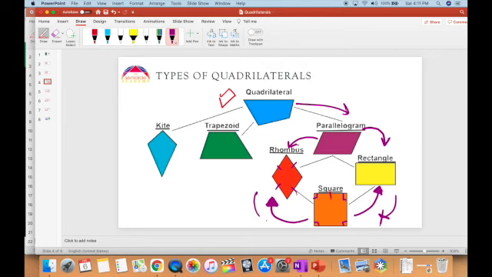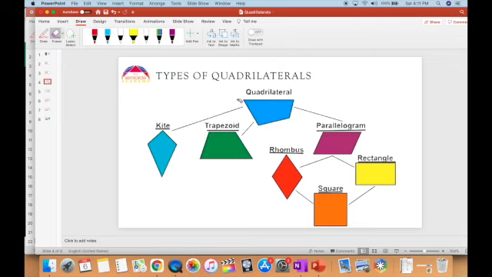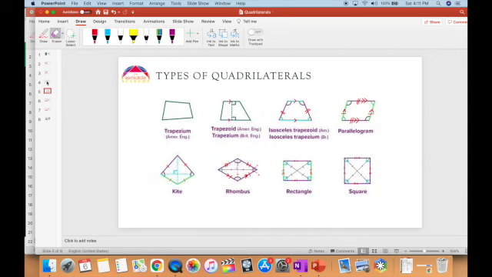So a rhombus is not a square. Right? So we could see here the hierarchy of quadrilaterals. And you should probably try to know it. I hope you were trying to sketch it all the time. If not, you will see the PDF in your Google Classroom. Now here is where we go a little more into detail with them.